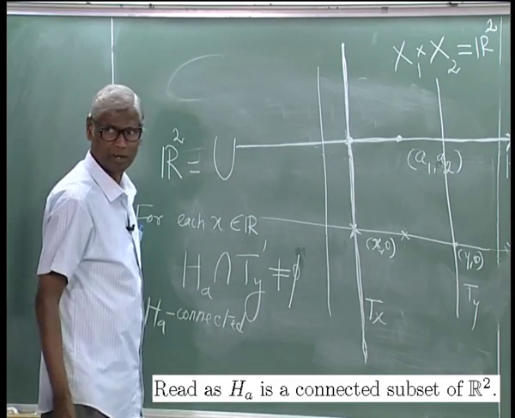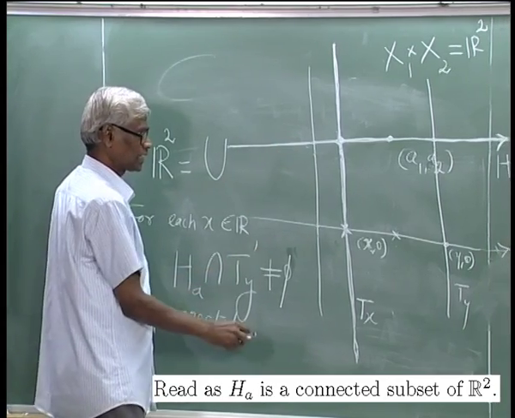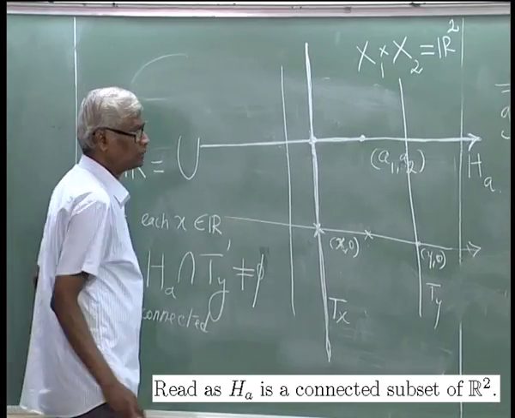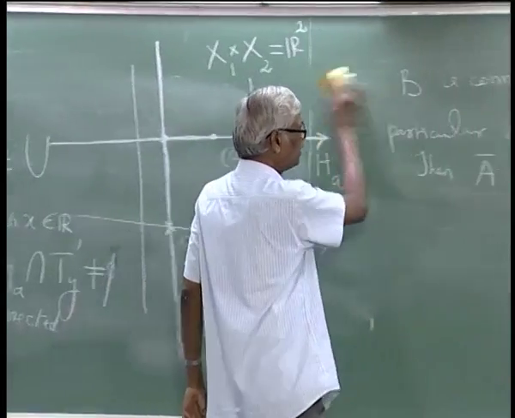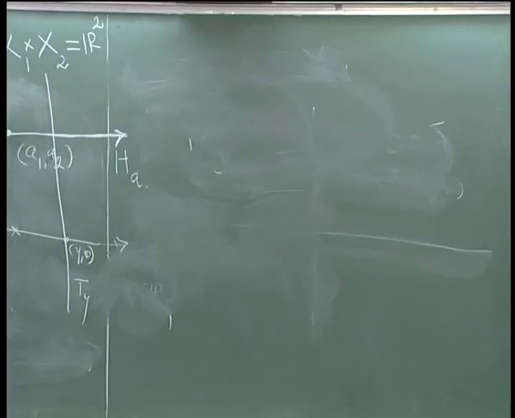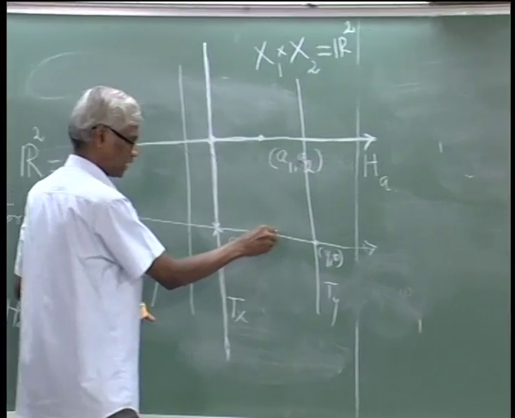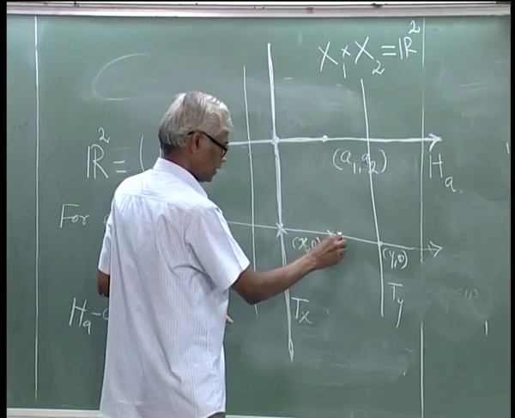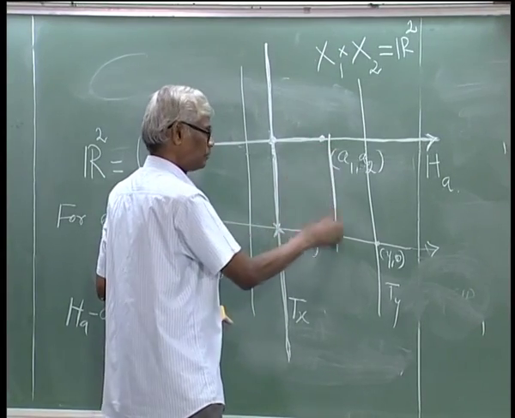Also each H suffix A is a connected subset of R2. Why it is a connected subset, we can define in a natural way. This is like our R; take an element here and consider this vertical line.